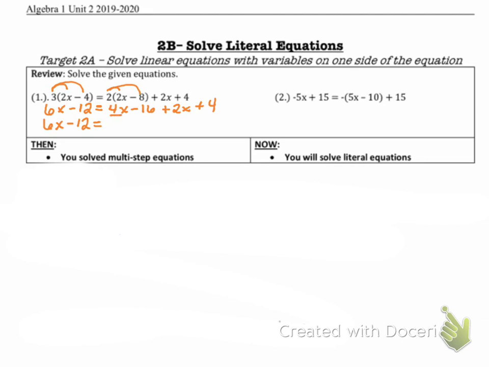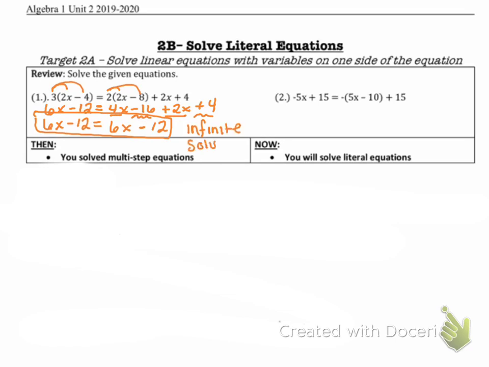Then I'll combine like terms on the right, and I get 6x, and then negative 16 and 4 gives me negative 12. Hopefully you notice right away that they're the same exact equation on both sides. When they're the exact same thing, we call this infinite solutions.